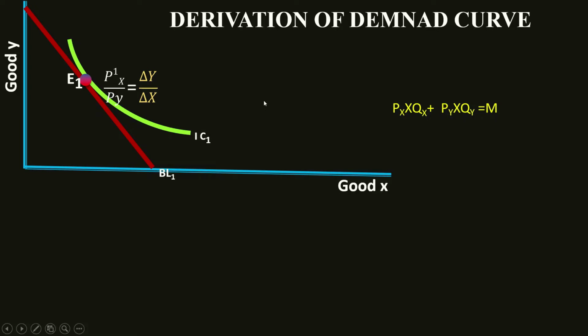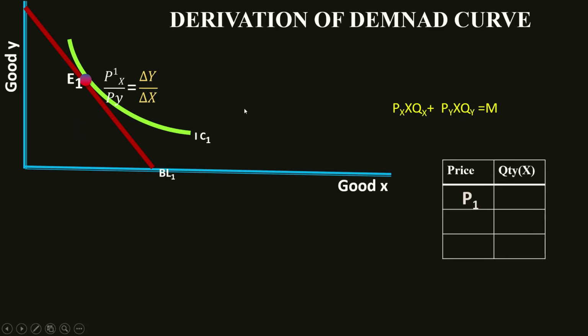Here we are going to draw the demand curve of good x. So here we can see the price of x and the corresponding quantity of good x.